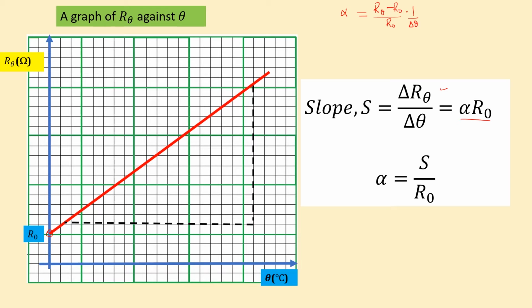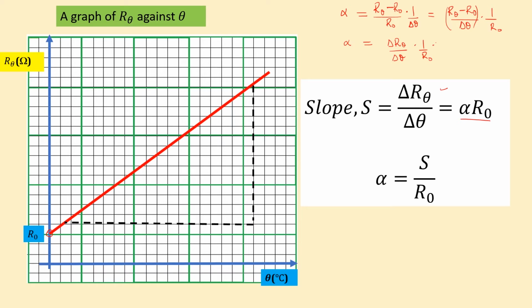This can be rearranged as the change in resistance, R theta minus R naught, divided by the change in temperature, and this is the same as alpha multiplied through by R naught.